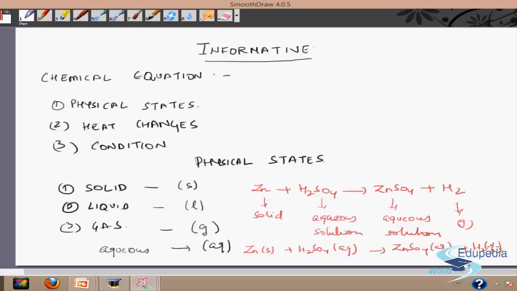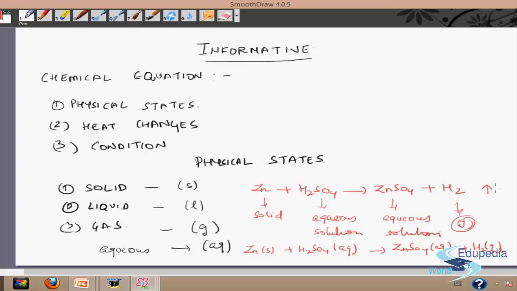When zinc reacts with dilute sulfuric acid, zinc sulfate and hydrogen gas are formed. The formation of hydrogen gas can be indicated by putting an arrow pointing upwards with its formula. If we don't want to write the G, we can also write this arrow with H2.